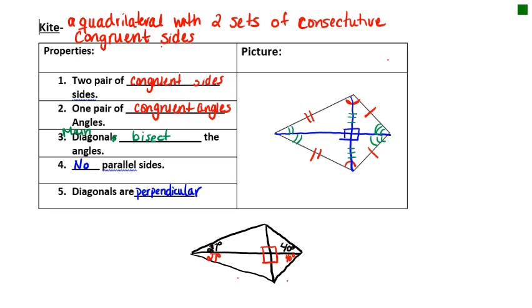Let's say we want to find this angle here. If we look, this is a right triangle here. So I'm going to do 180 minus 90 minus 27. And I get that this angle is 63 degrees, which this one's also 63 degrees.